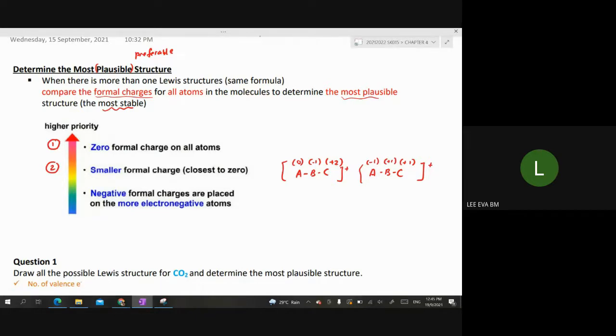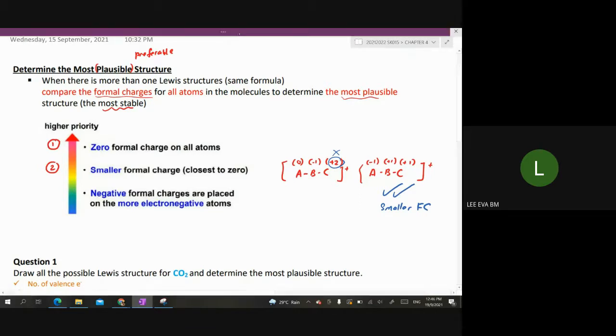So in this case, we prefer the second structure, having the smallest formal charge, because every value is closer to 0 compared to the first one, where +2 is higher, so less preferable. So the second priority is smaller formal charge, as in the second example here. We want every value closer to 0, the lowest.